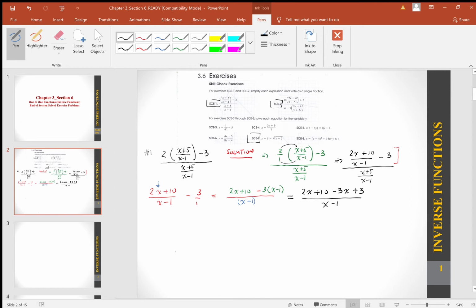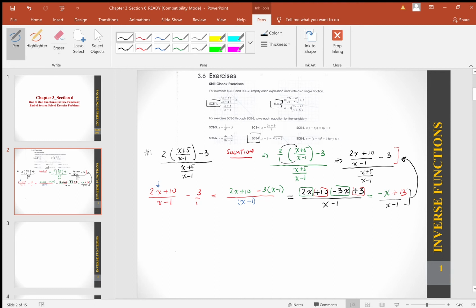You have your 2x and your negative 3x, that gives you a negative x. Then you have your positive 10 and your positive 3, that gives you a plus 13. And that's all divided by x minus 1. This all is our numerator right here.